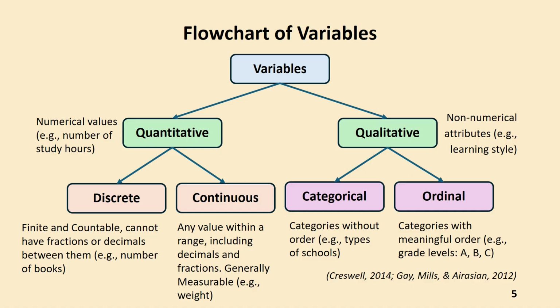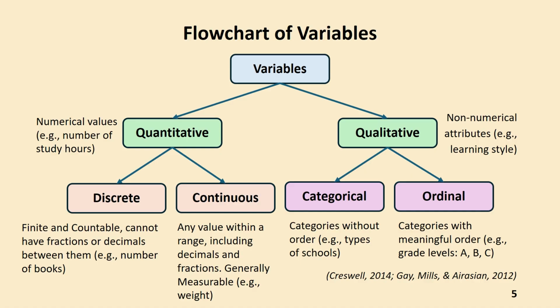Always remember it. Next is continuous variable. Continuous variable: any value within a range, including decimals and fractions. Now here things are changed. A variable which can acquire decimals and fractions as a value is known as a continuous variable. Generally they are measurable.